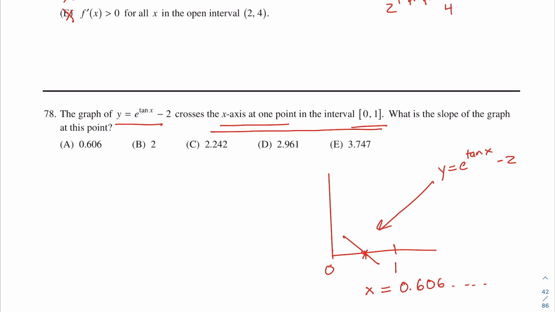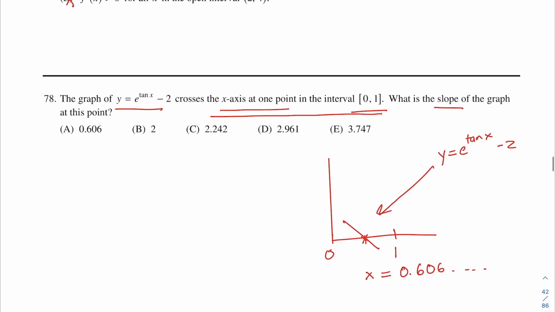So the next thing is, once we get this x value, we need to find the slope of the graph at that point. So to find the slope, we need to find the derivative. So we're given y, so we need to find y prime. And for this, we need to remember our trig functions, so the derivative of trig functions. And we also need to use the chain rule because we have e to the power.